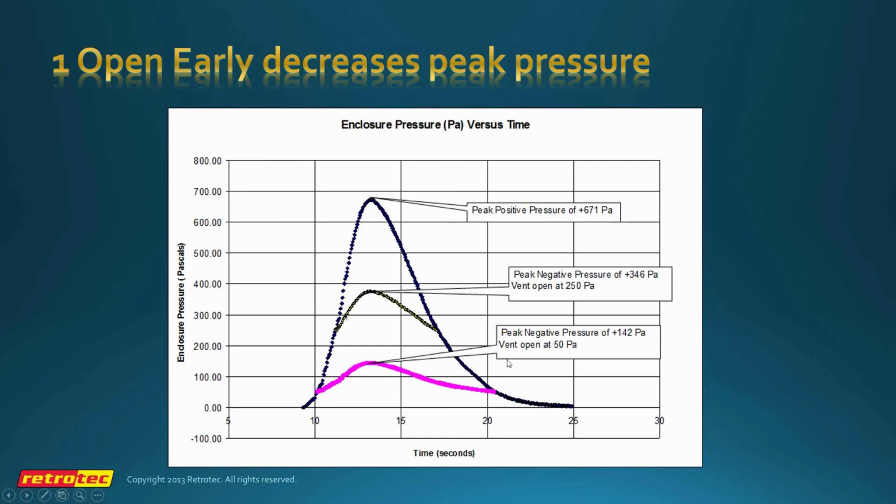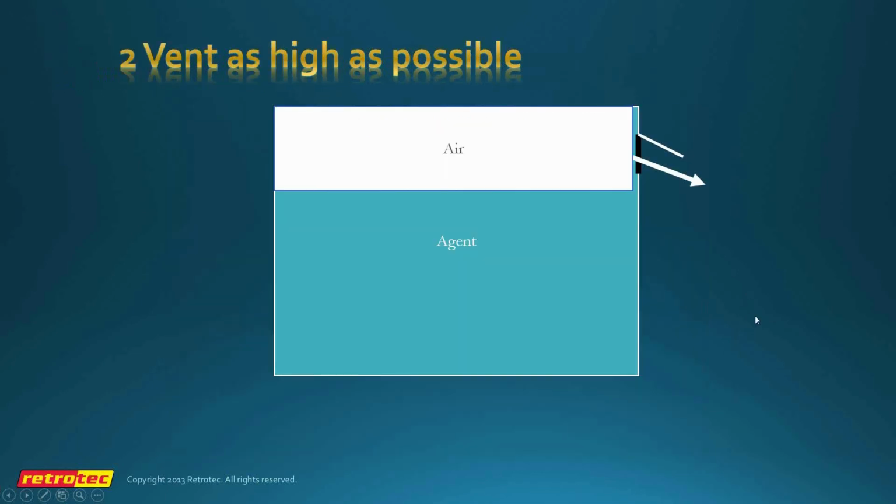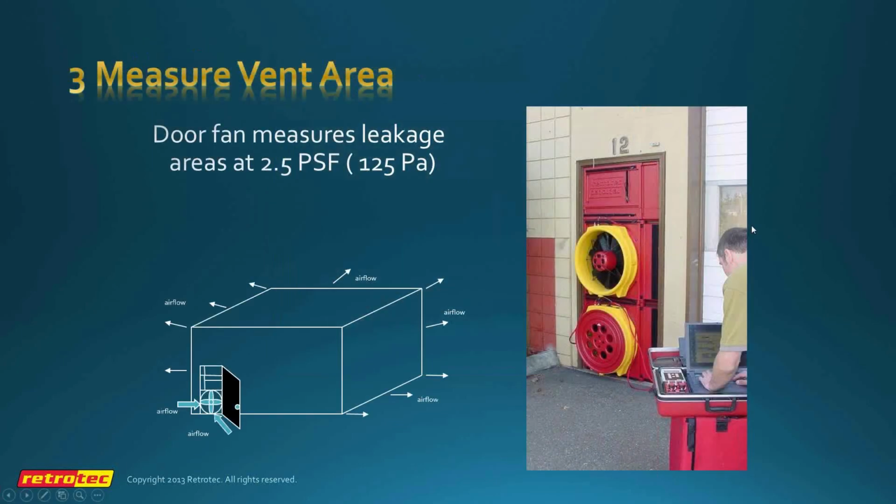If we have the same vent opening at 50 pascals, here it doesn't allow the buildup of pressure, and is much, much more effective. Number two is to vent as high as possible. Typically we want to vent in the upper quarter of the room so that as the agent comes in, the air vents out. And it's extremely important to measure whatever vent area we have with your door fan, which you can measure when the vent is installed.